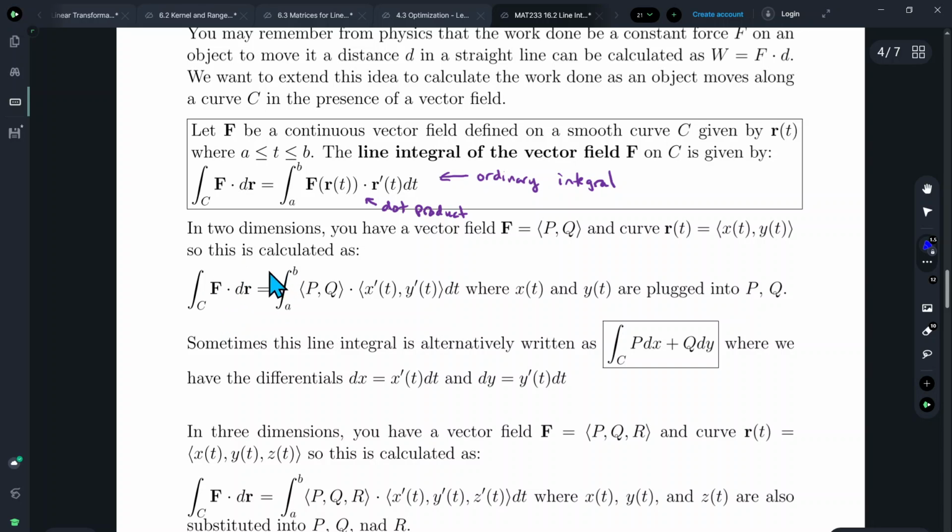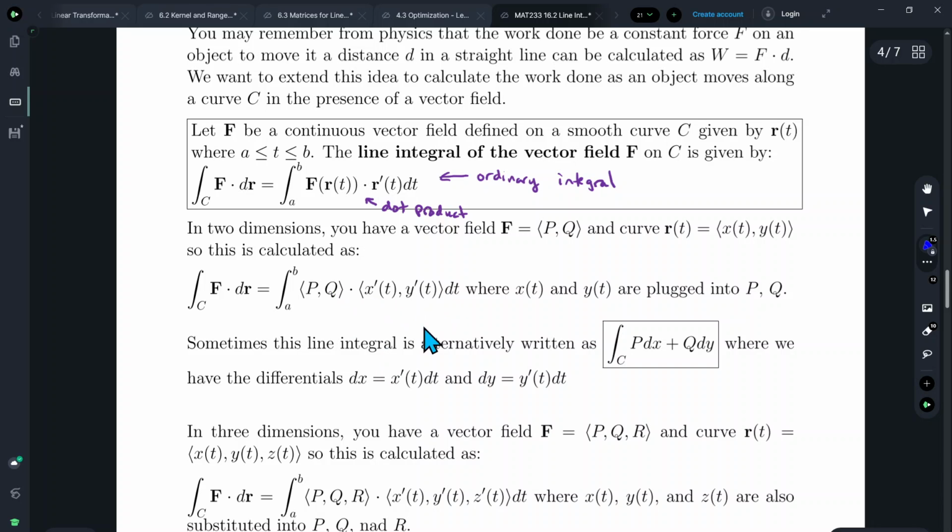Most of the time I'll write the integral in this form here, but sometimes an alternative way of writing out this line integral is like this, where you separate the P and Q components. Basically, this notation is equivalent to this notation, because if you actually carry out this dot product, it looks like P times x prime plus Q times y prime, dt.